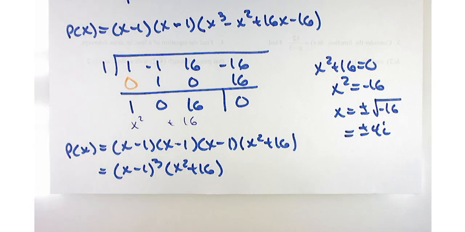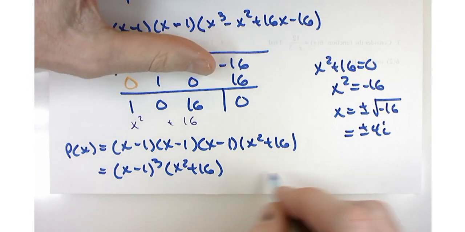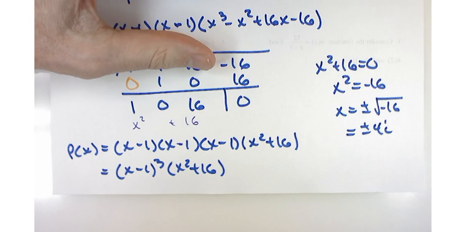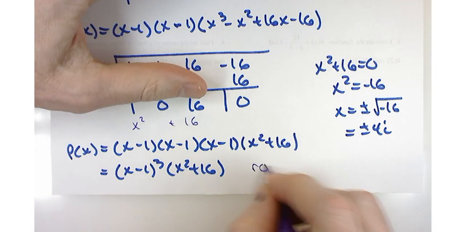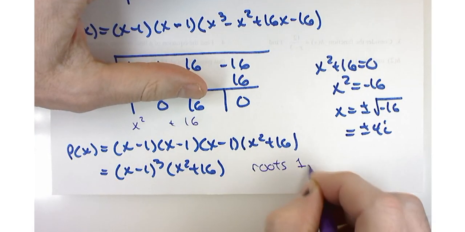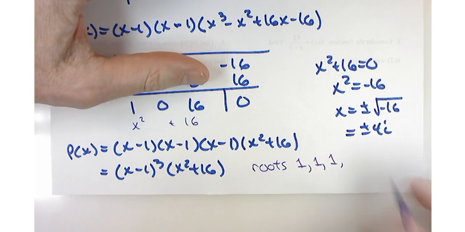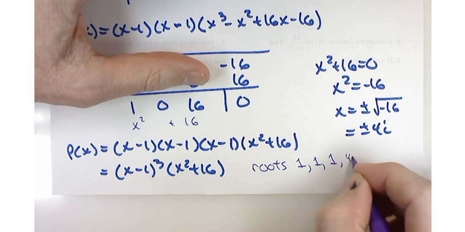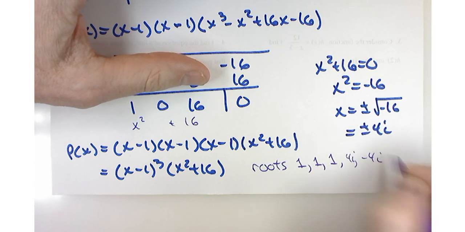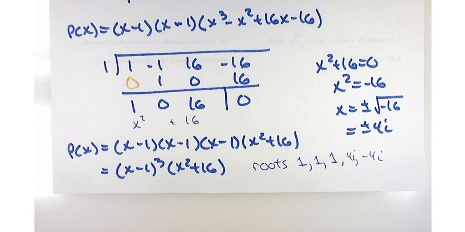So what you'll have to write in WebAssign when they ask you for the roots would be this. Roots are at 1, 1, 1. That's a pain, but I didn't write WebAssign, so don't take it out on me. 4i and negative 4i. So if it's asking you for all 5 of the roots, there they are.